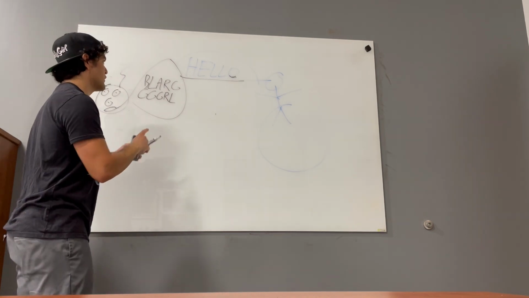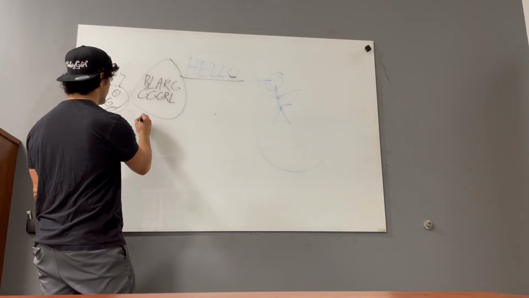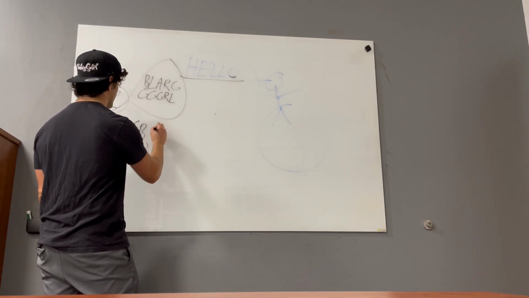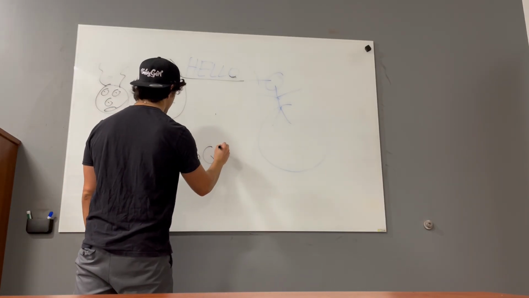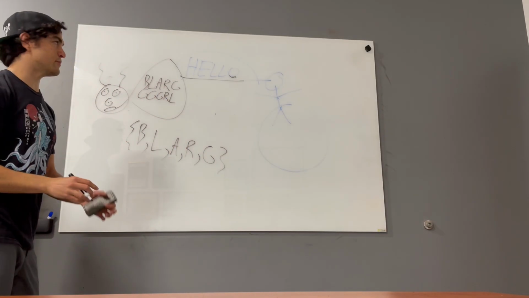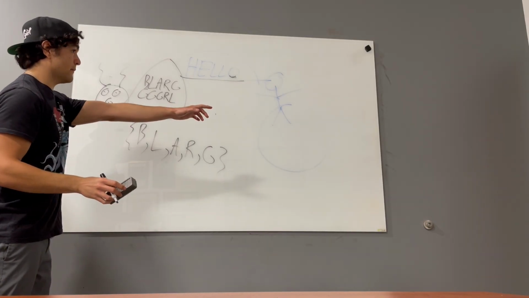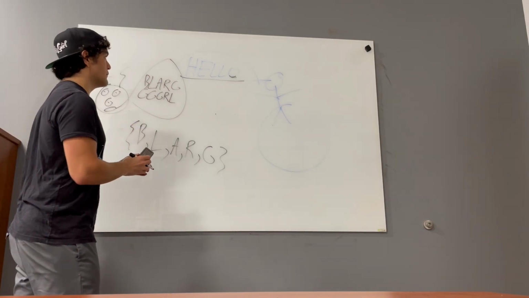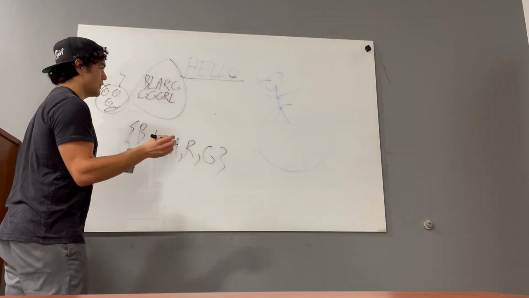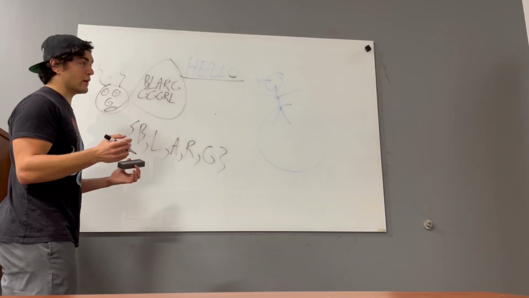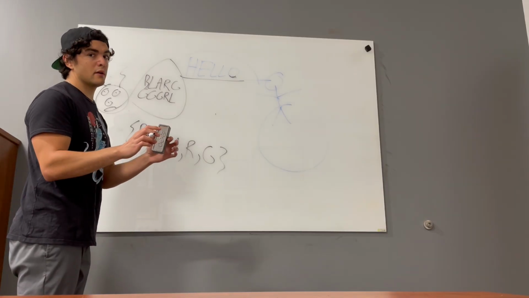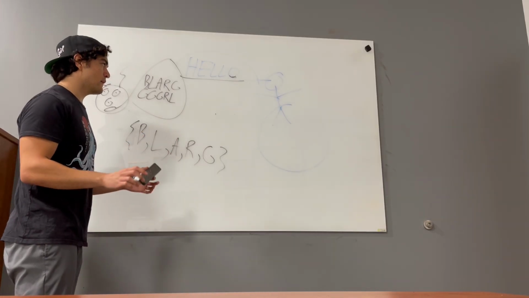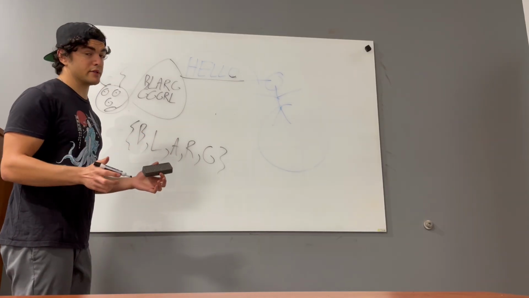Now let's just say we're trying to be slick and we just start responding. We know that their letters here are only going to be B, L, A, R, G. And we start responding using our same mapping. Right before, we said that, knowing the English frequency in our language, we know how to send bits across. But if they're using a different language, they're gonna have a different frequency.